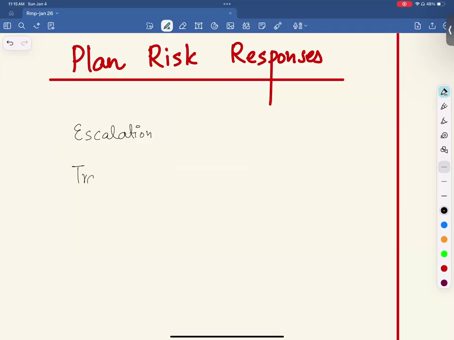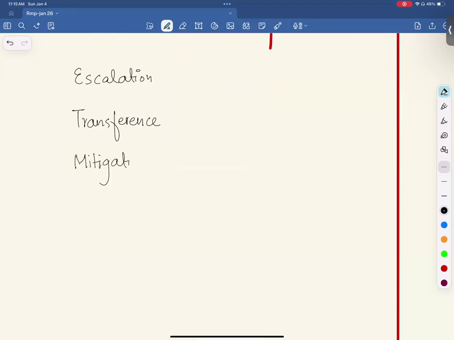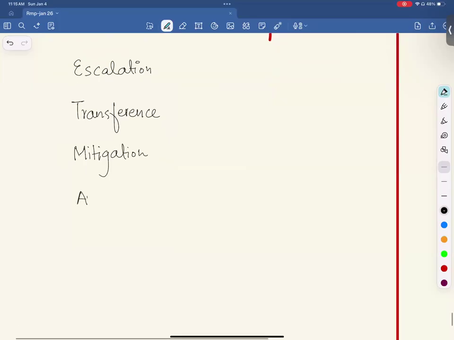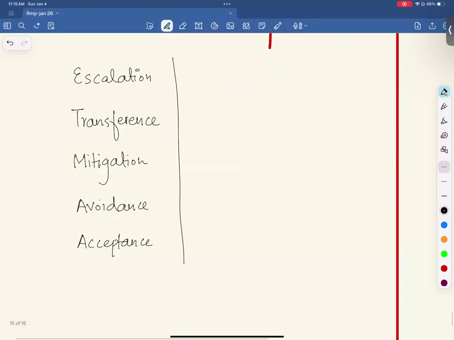We have risk transference, right? We have risk mitigation. We have risk avoidance. And we have risk acceptance. Please pay attention. These are really important for your exam.